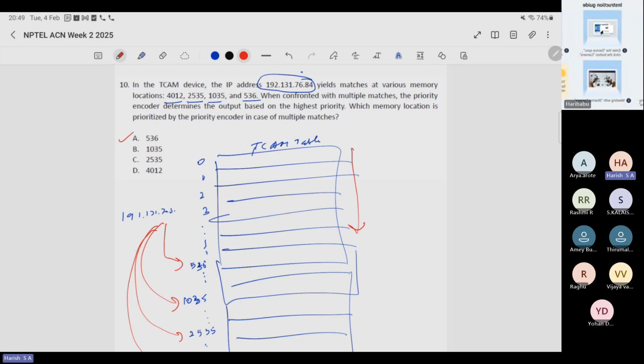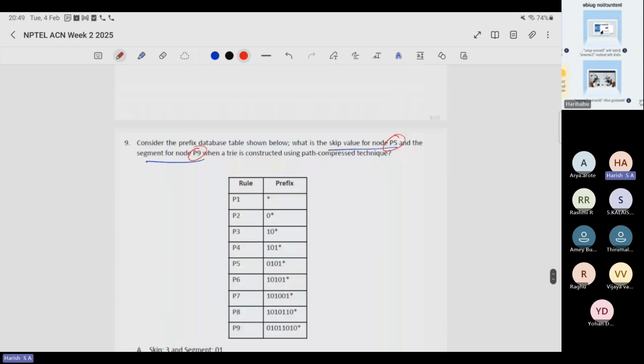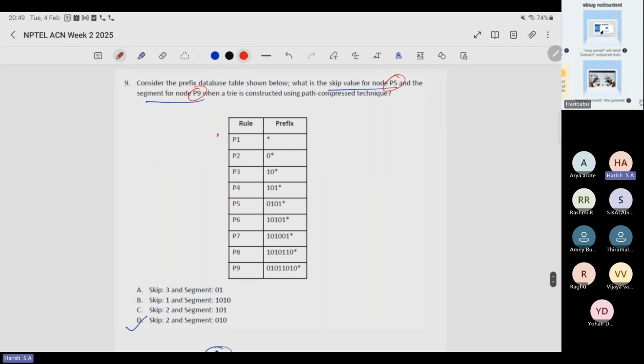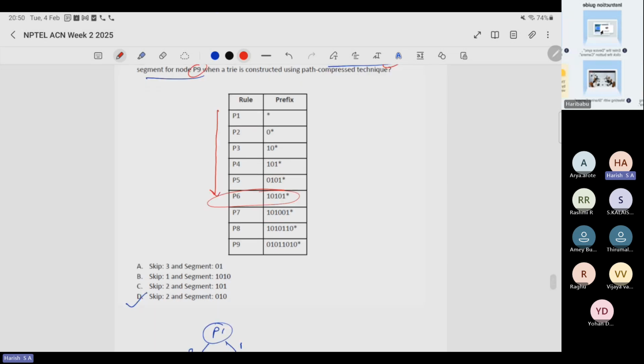Why do they do this? Because it follows from the same concept of LPMs. You are matching like this, and the very first match that you get is what you choose. You might have more common subsequences below, but if the first match says P6, you go to P6.